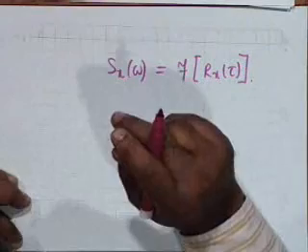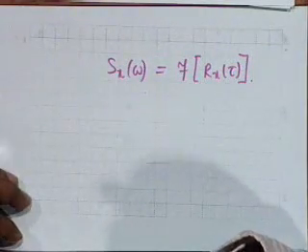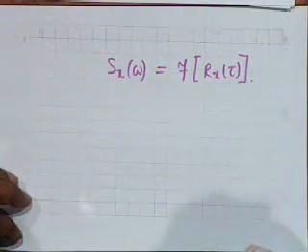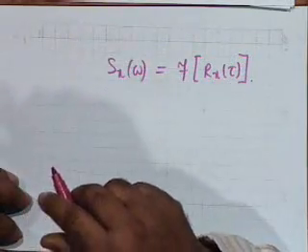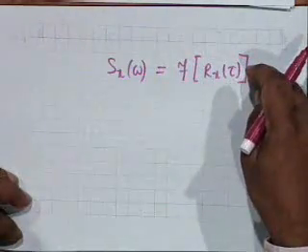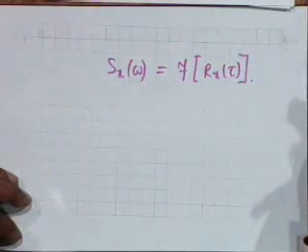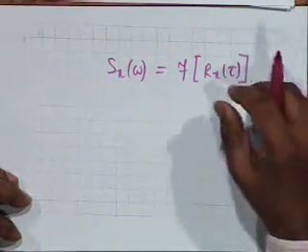Where is the transformability condition reflected in this relationship? Well, Rx of tau you can find out. Given a random process, you can always find out Rx of tau. Where is the Fourier transformability condition?